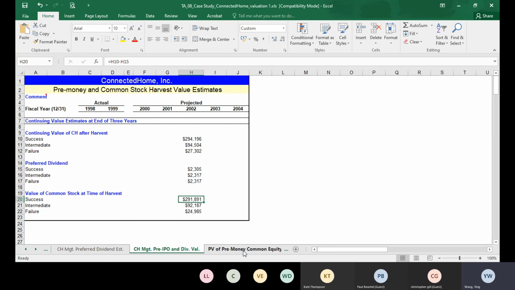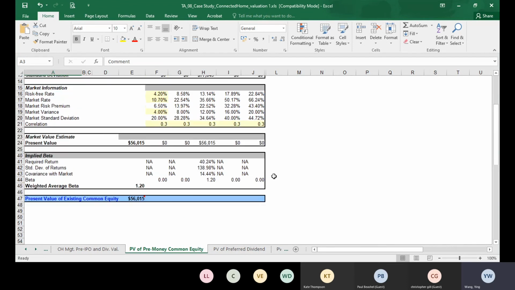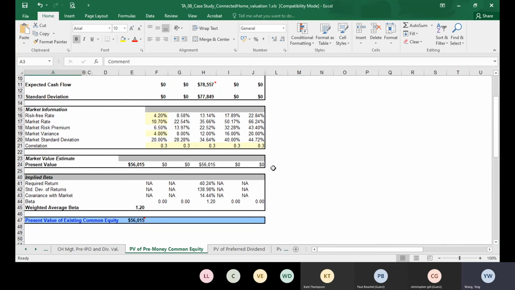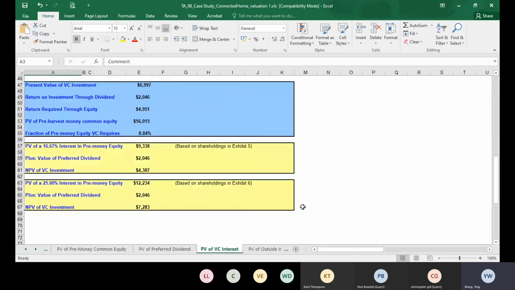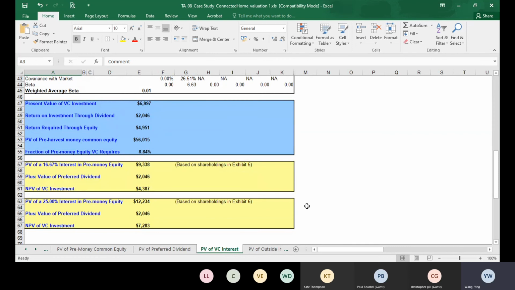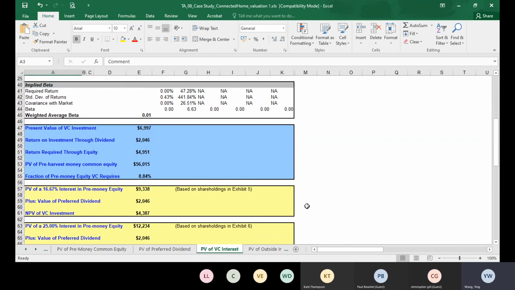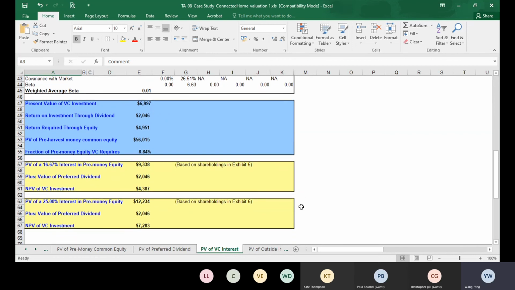What else they consider is common equity. So this is the common equity, how much that is worth, the preferred dividend, and here is the VC interest. So for the venture capital interest, you see here how much they want and why they want this.